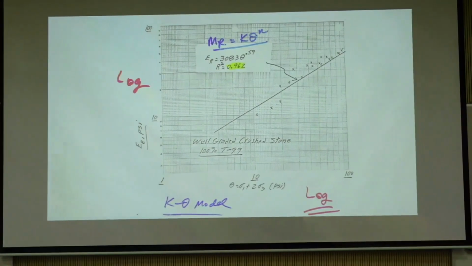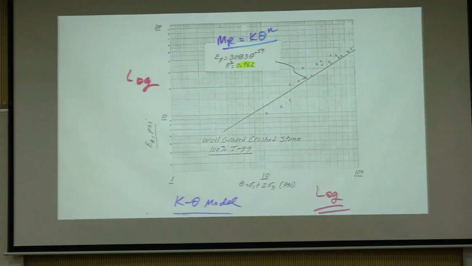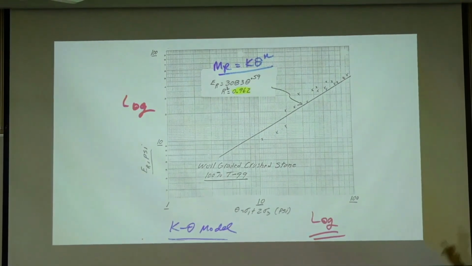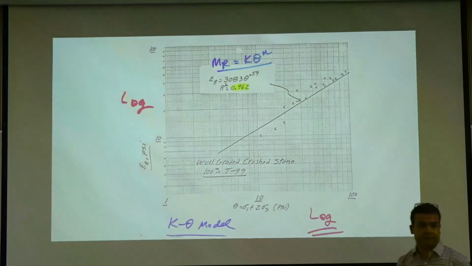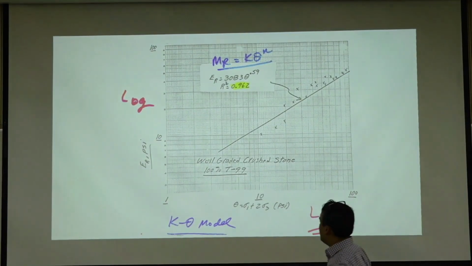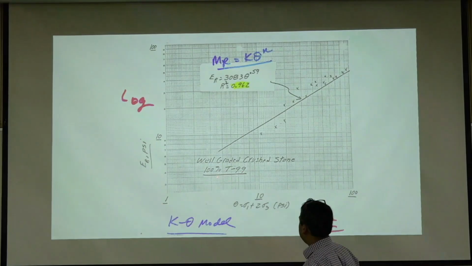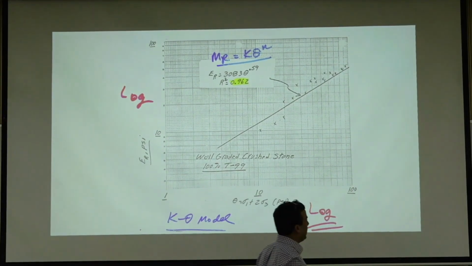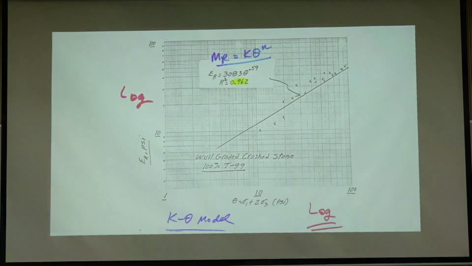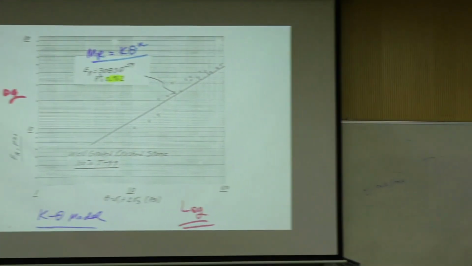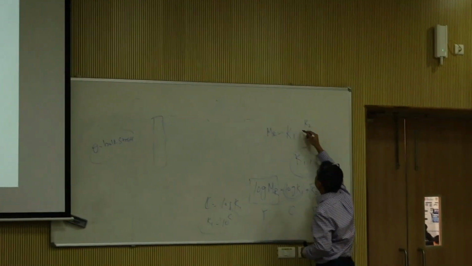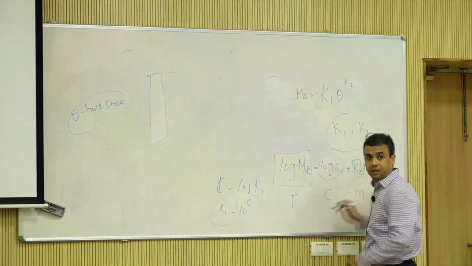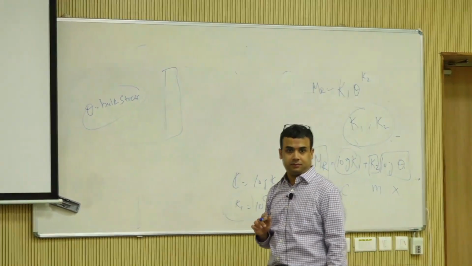Theta, as I have already explained to you, is bulk stress: sigma 1 plus sigma 2 plus sigma 3. You plot MR against theta, exactly the same thing. You fit your model, and instead of sigma 3, now this becomes theta. Right?